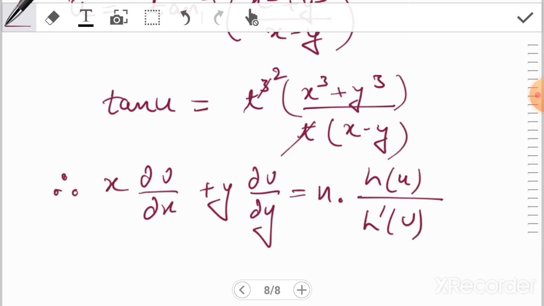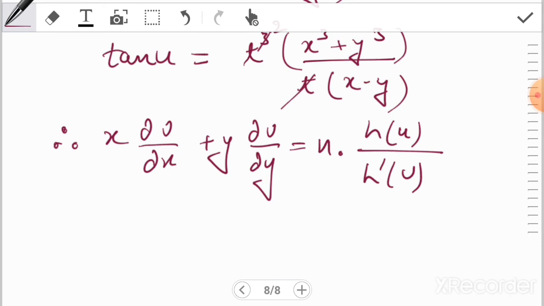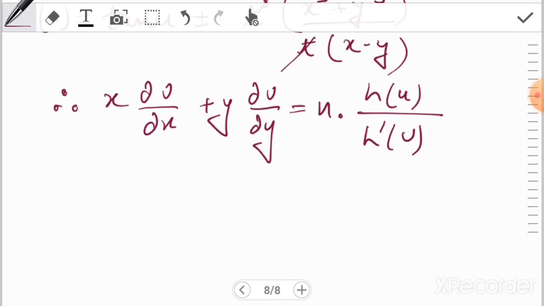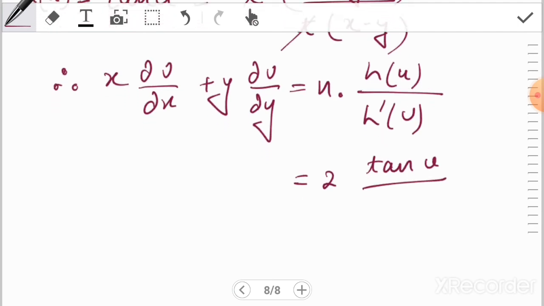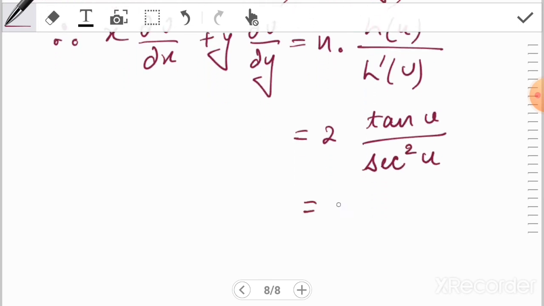Here H(u) is tan u, n is 2, so 2 tan u, and the differentiation of tan u is sec square u. So which is nothing but sine 2u. So this is the answer.